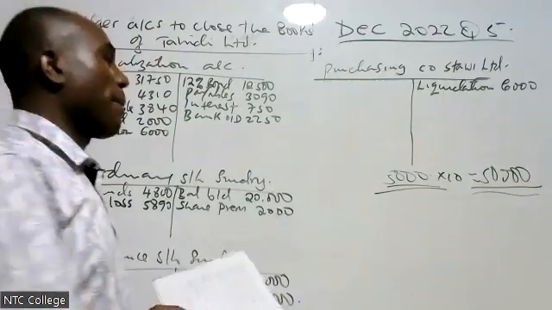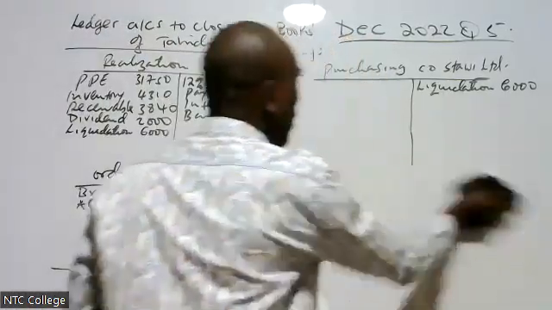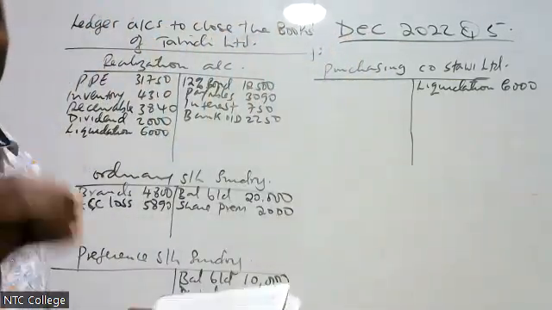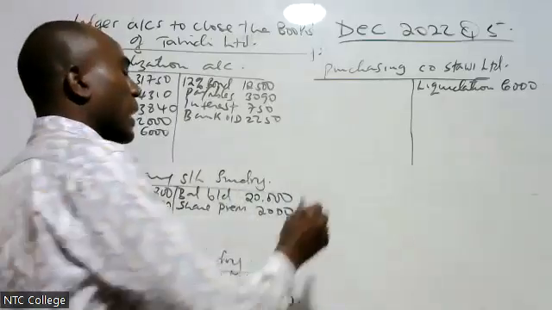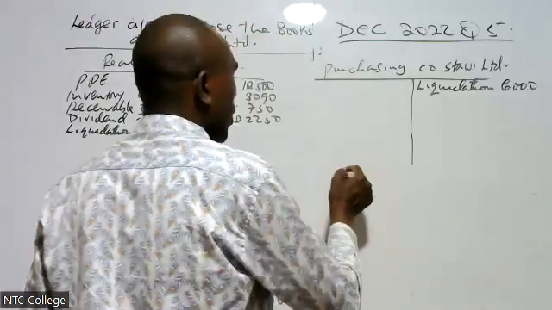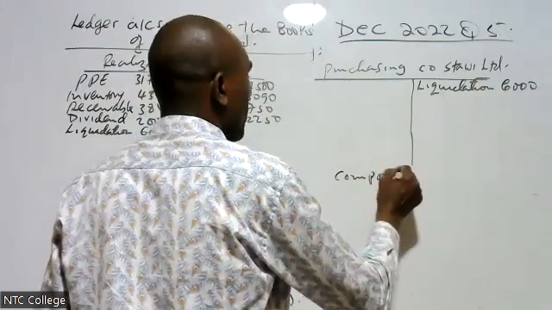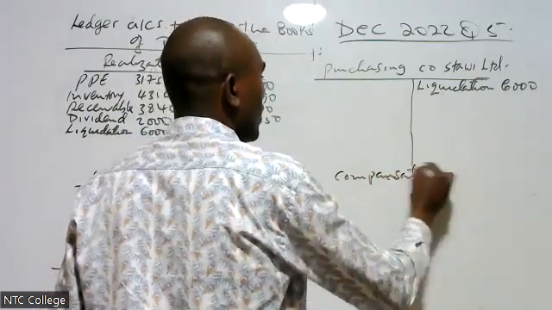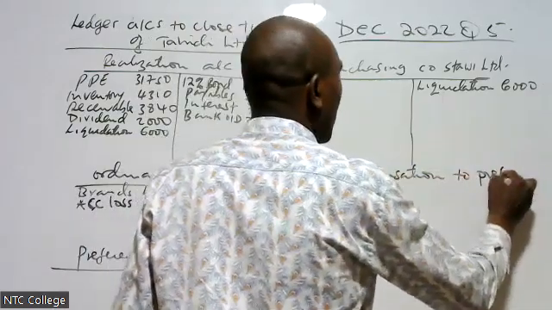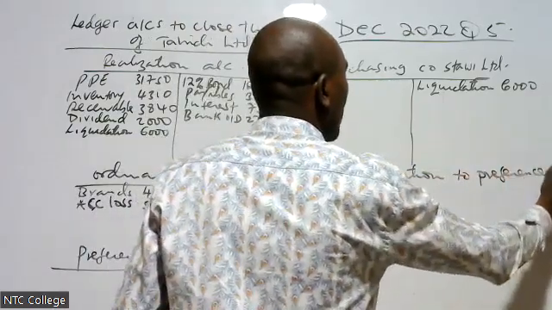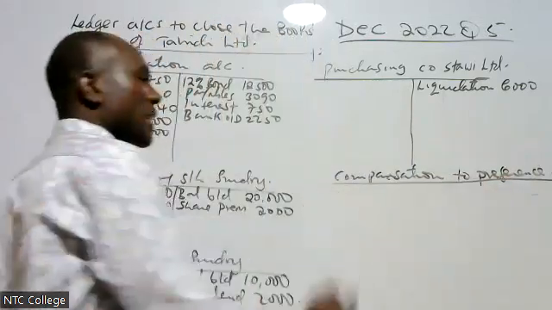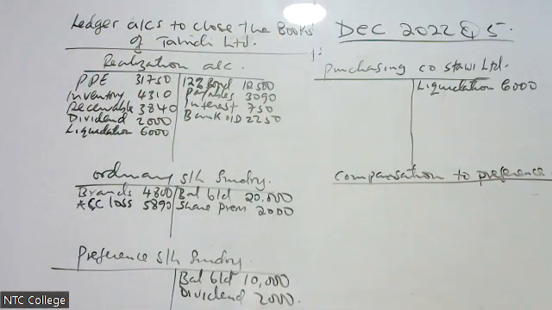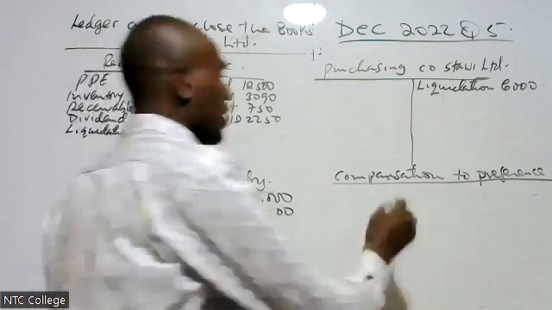Now, when you read note number 2, examiner is giving compensation to preference shareholder.